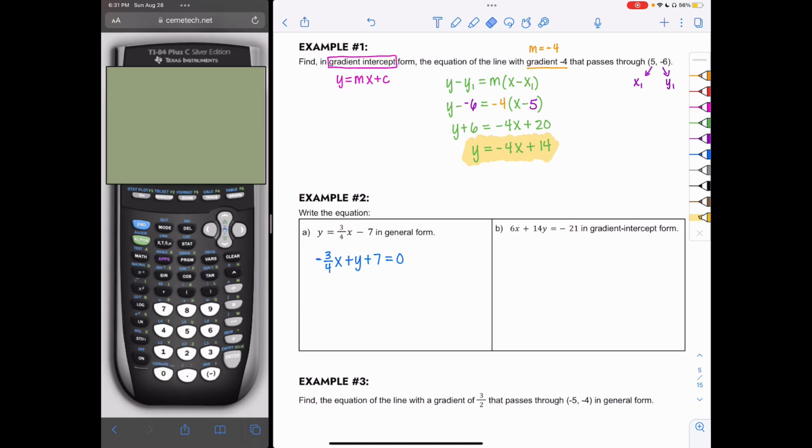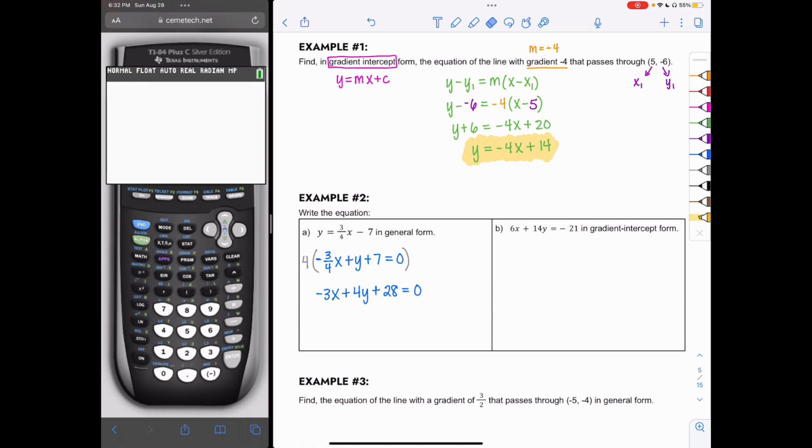So I need to multiply the entire equation by 4. So when I multiply my entire equation by 4, I know that 4 times negative 3 over 4 is negative 3x. And then I have 4 times y, which is positive 4y. And then 4 times 7 is a positive 28. And that's going to be equal to 0.